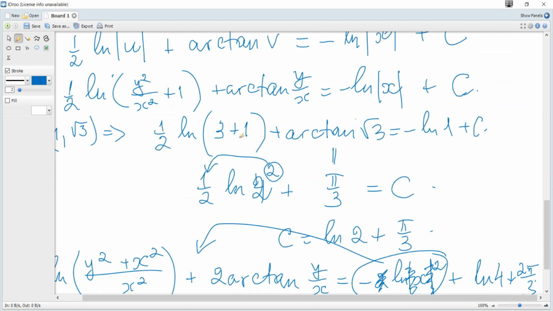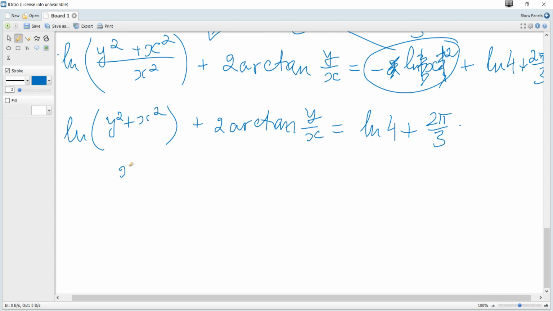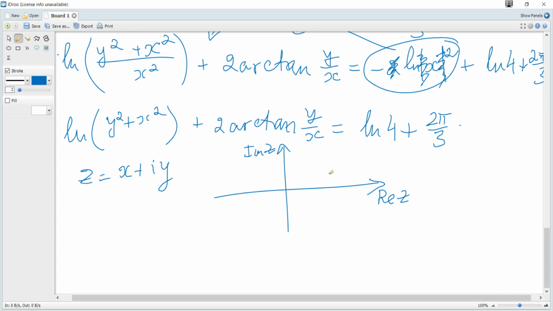A complex number, here x plus iy, can be represented on the Argand diagram, where there is a real part and an imaginary part, and it's actually a point with coordinates x and y. And notice that it is given that our complex number has x is 1, y is root 3, so it's in the first quadrant.